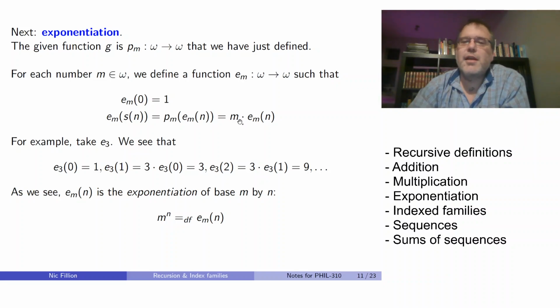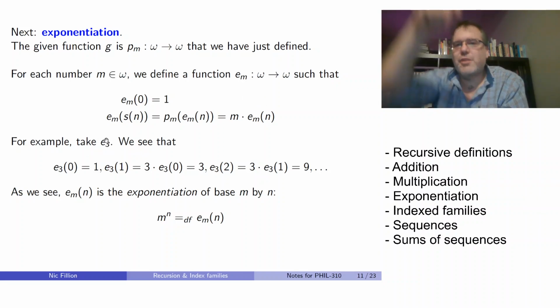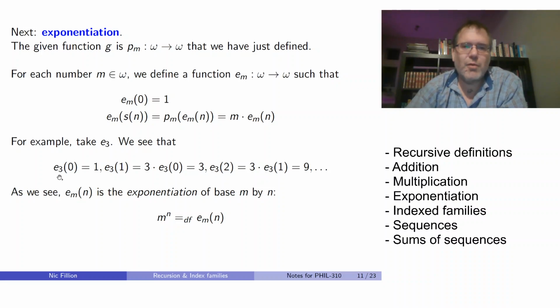Right? So m to the n plus 1 is m times m to the n, and that's what that recursive definition is telling us here.